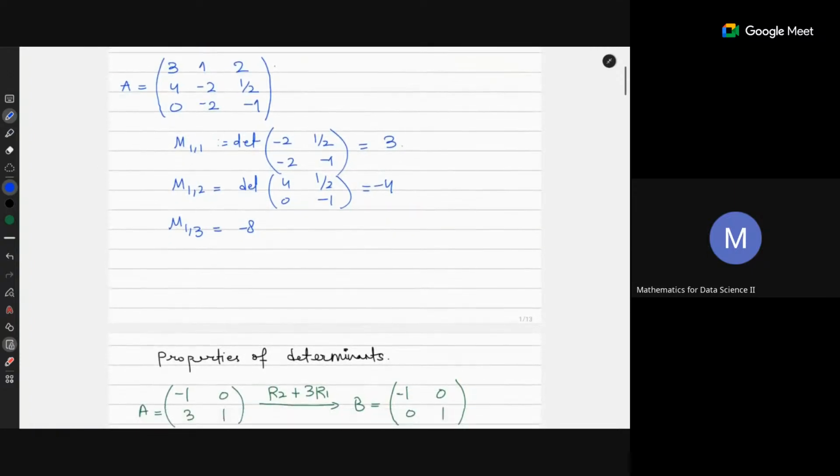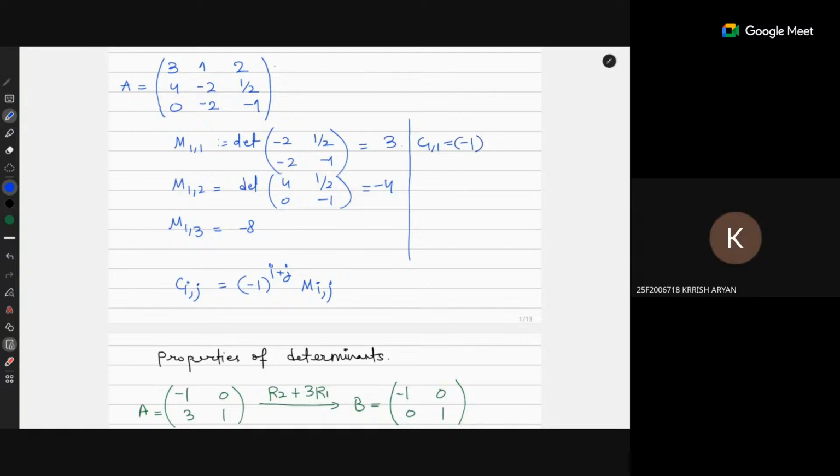Now, can anyone tell me what the cofactor is? The cofactor is minus 1 to the power i plus j. So you are telling me the general form: the cofactor of the ijth entry is minus 1 to the power i plus j times the minor at ij. Now what is C11, the cofactor at 1, 1?